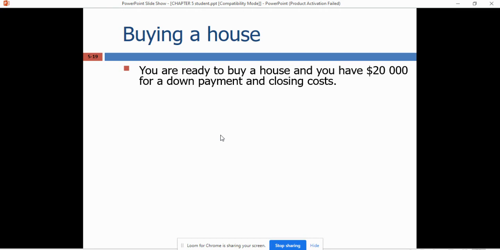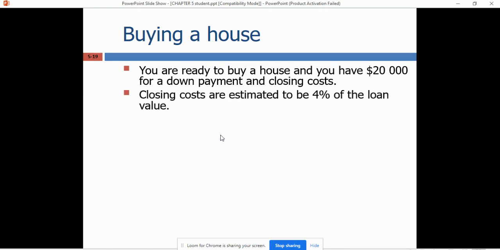Closing cost means the lawyer fees, stamp duty you pay the government. So that is closing cost. All right, so your closing cost is estimated to be 4% of the loan value. Whatever the loan amount you get, you have to pay 4% for the closing cost.